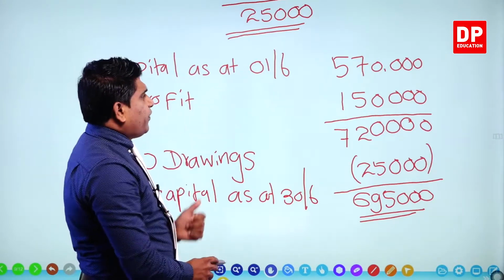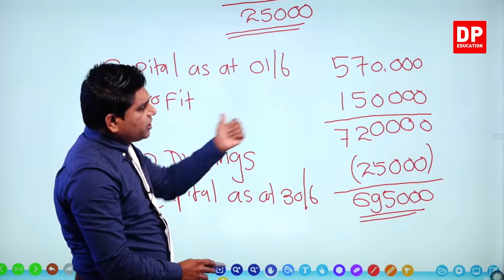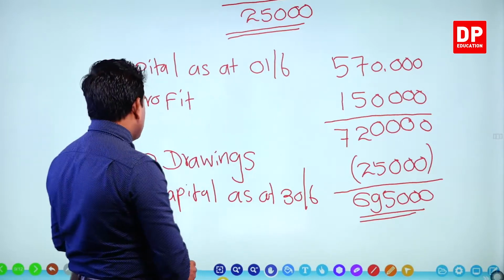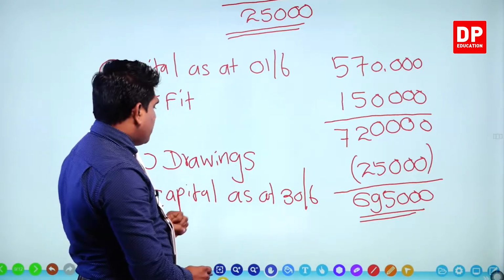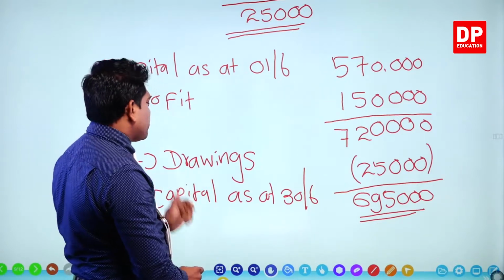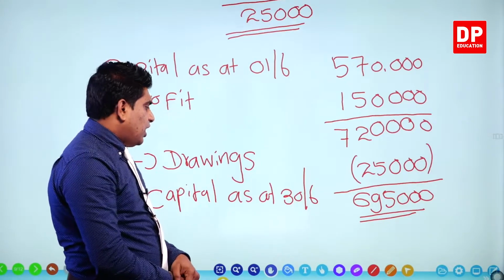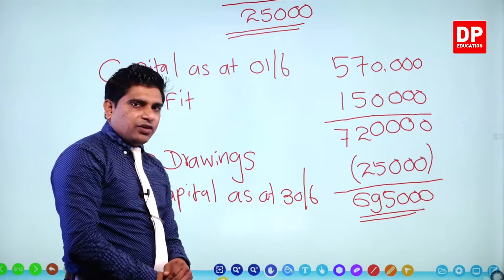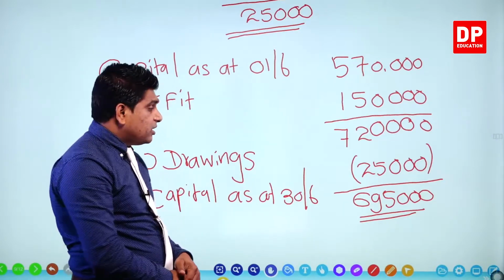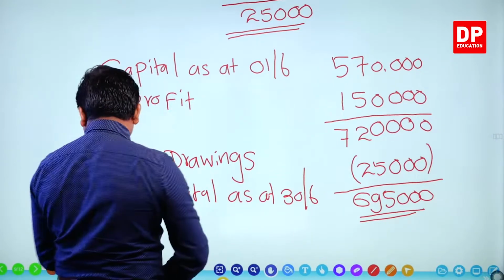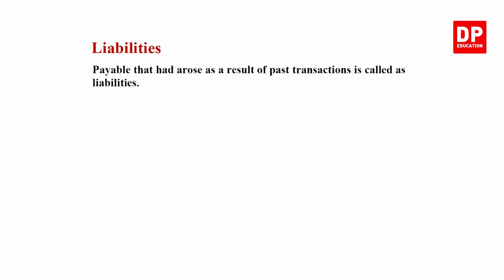At the beginning capital 570,000, the profit you add to this, then 720,000. Drawings are 25,000, you subtract it, then you can see capital as at 30th of June, which means the end of the period, 695,000, right?